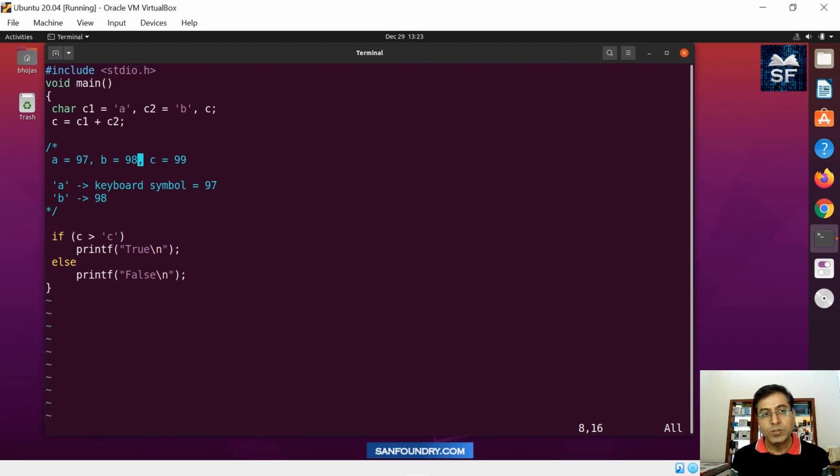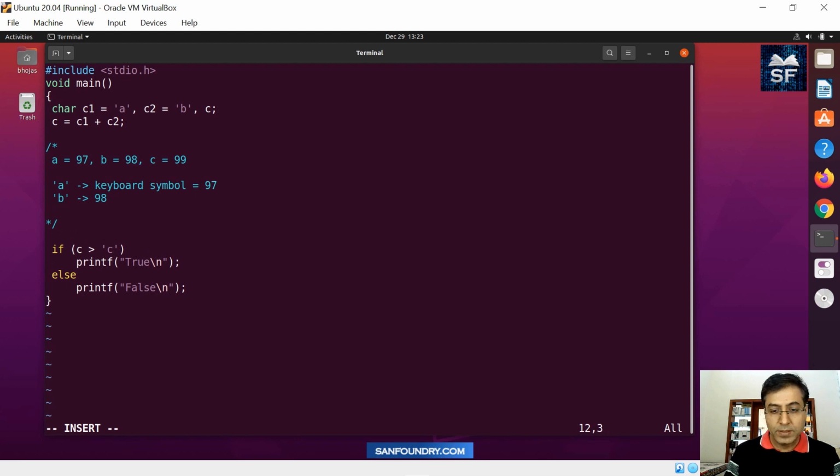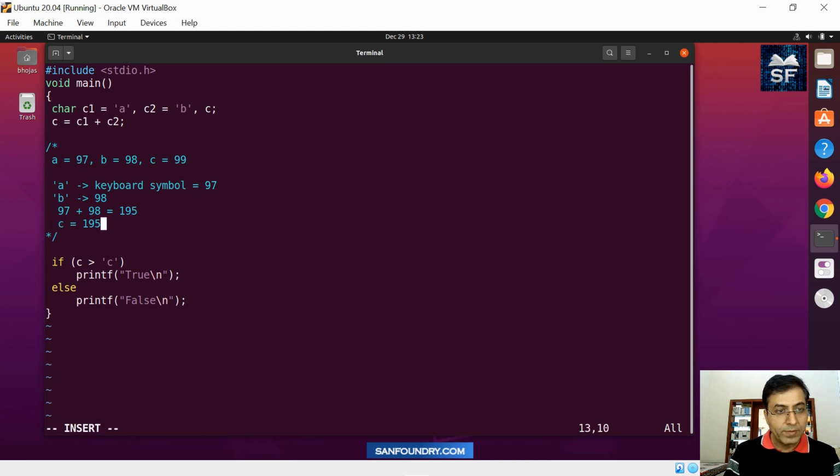When you do an addition, we are really adding 97 and 98 in memory. So 97 plus 98, we get 195. So we are storing the value 195 into the character C.